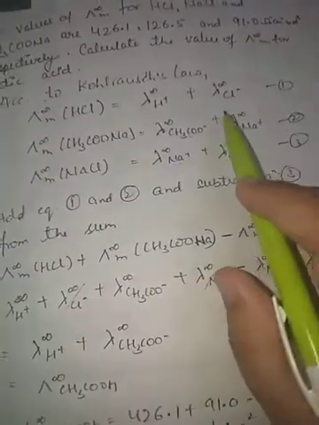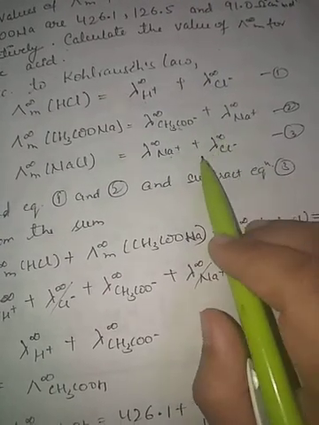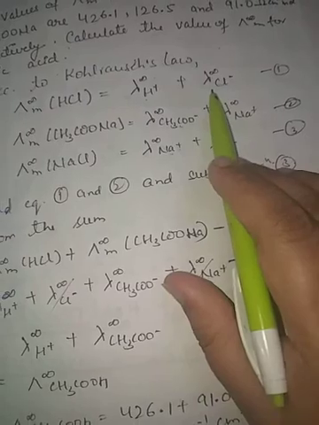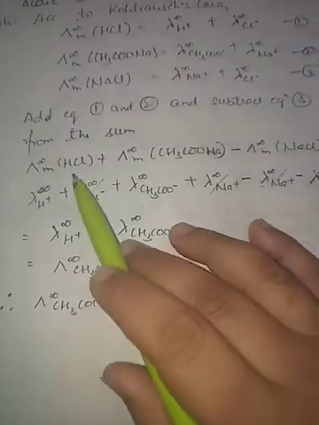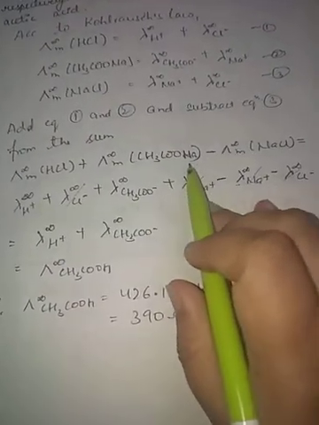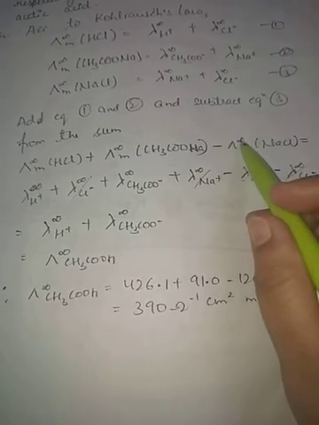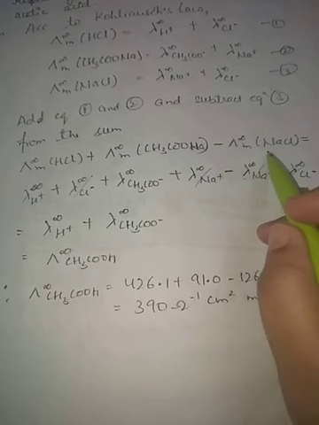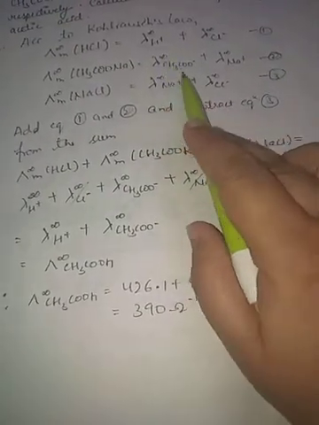So if we add these two equations and subtract the third equation from them, we'll get CH3COOH. See here: molar conductivity of HCl plus molar conductivity of CH3COONa minus molar conductivity at infinite dilution of NaCl. Here we'll write out all these molar conductivities.